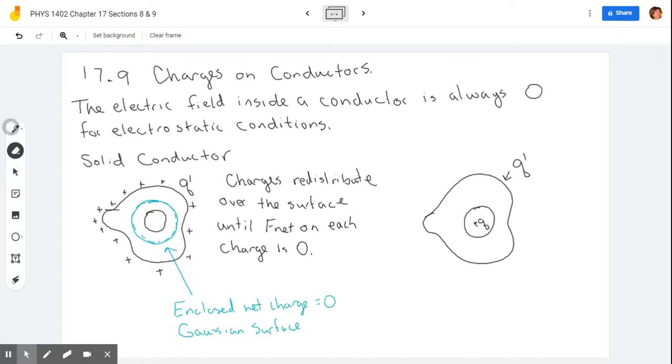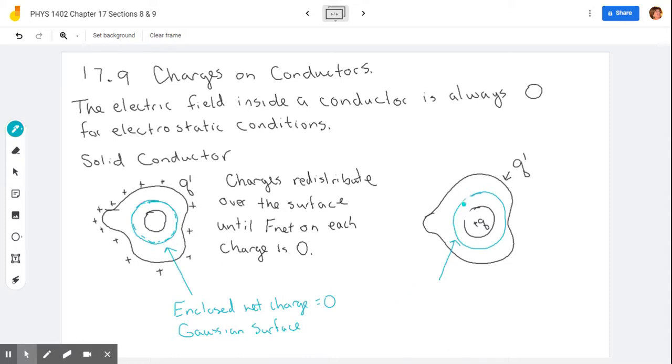Okay. Let's draw that Gaussian surface again. Now remember, inside a conductor, in electrostatic conditions, the electric field is zero.